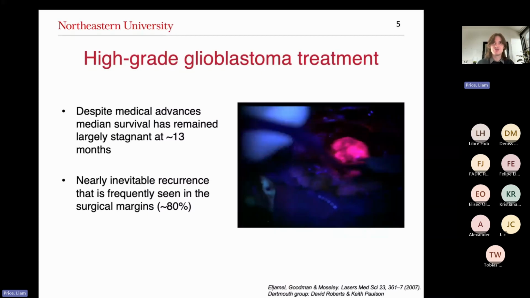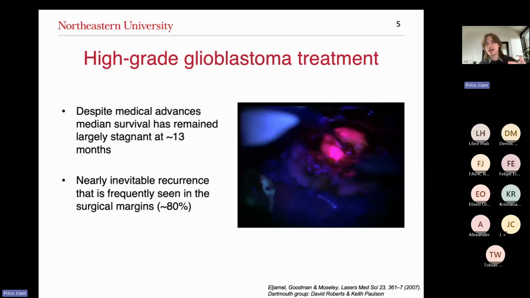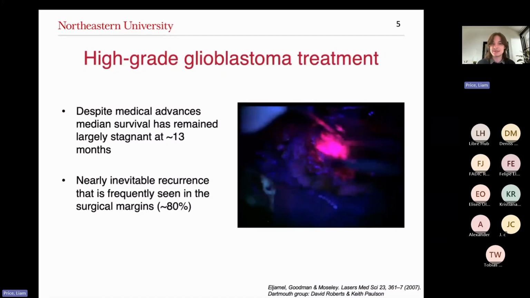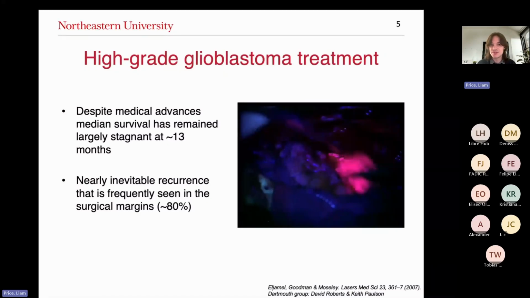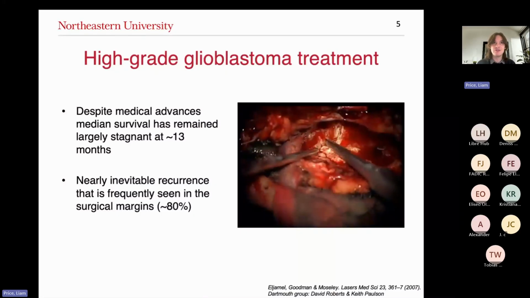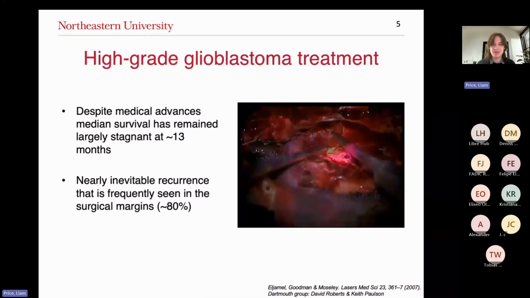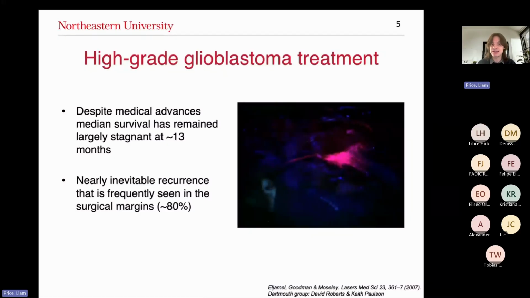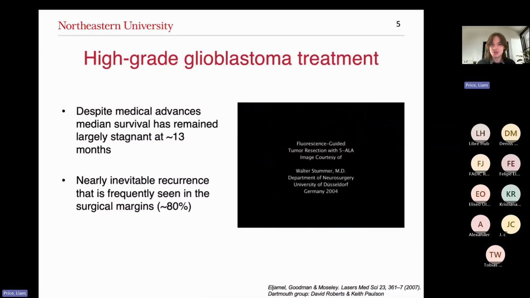But even with the advancements of medical tools and the actual surgical process itself, such as this fluorescence guided surgery, which you can see here on the right, the actual overall survival for patients that receive this diagnosis really hasn't improved all that much, as you might expect, given the huge amount of advancements in the actual applications of our technologies, et cetera.